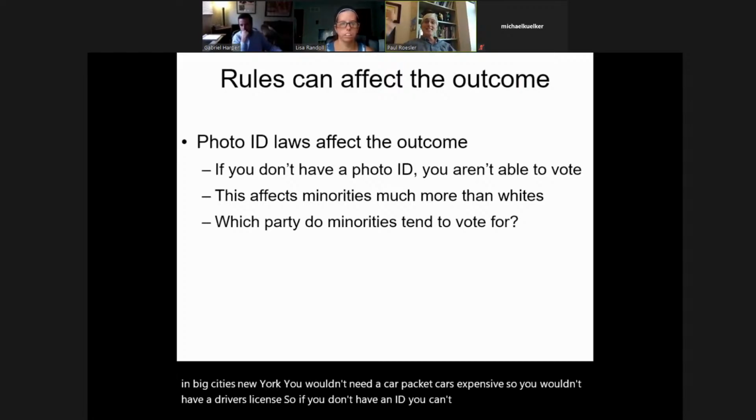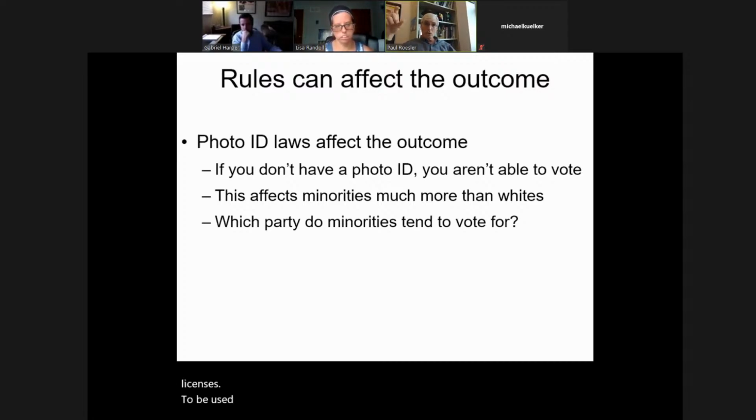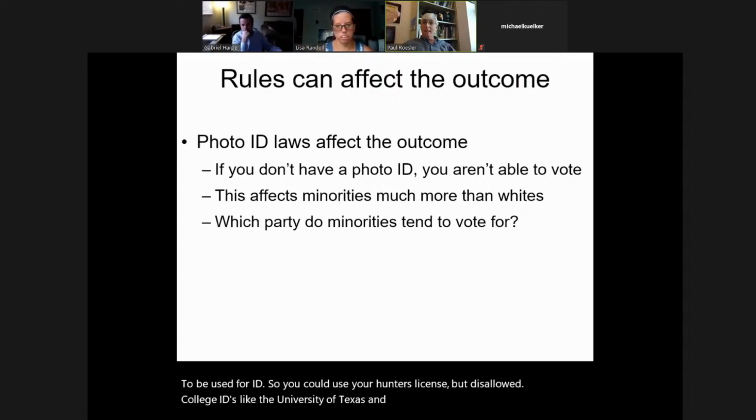And in fact, when Texas passed their photo ID law, they specifically allowed hunting licenses to be used for ID. So you could use your hunter's license, but they disallowed college IDs like the University of Texas. That's because younger college students tended to be Democratic and hunters tended to be Republican.